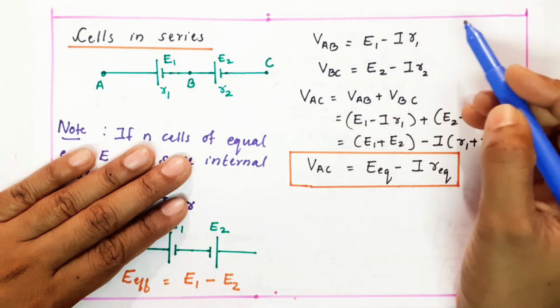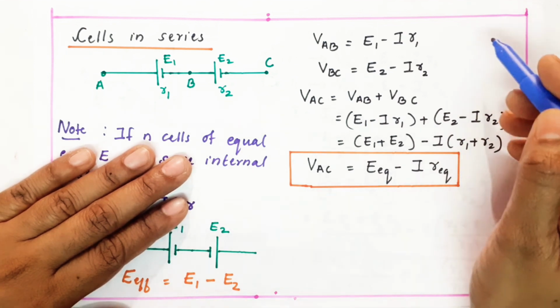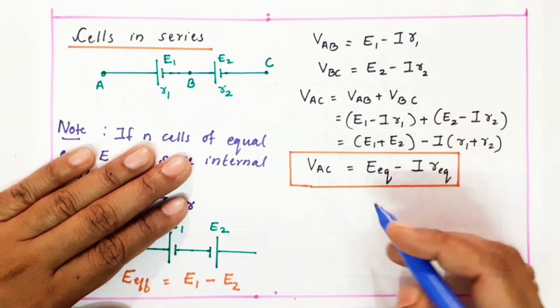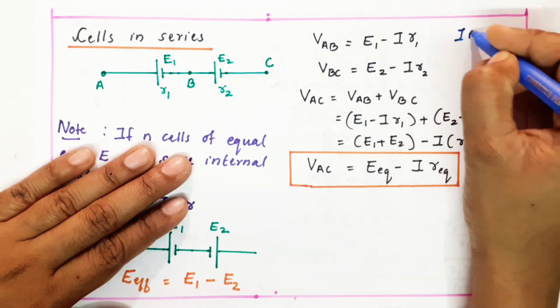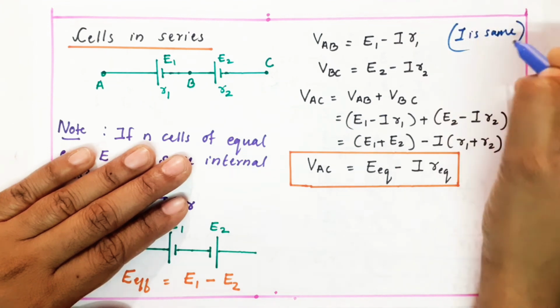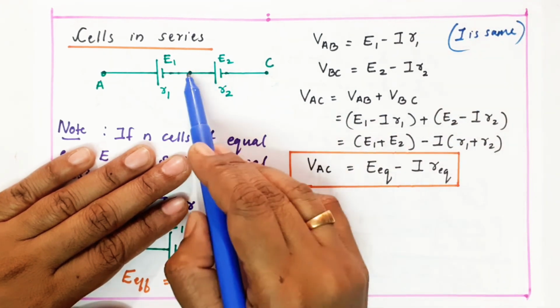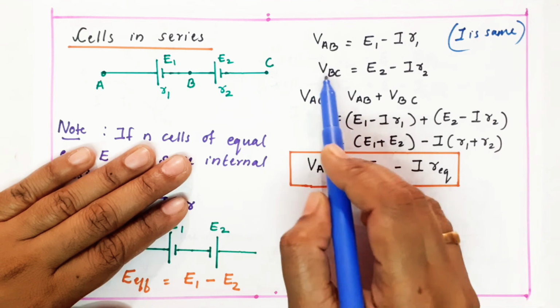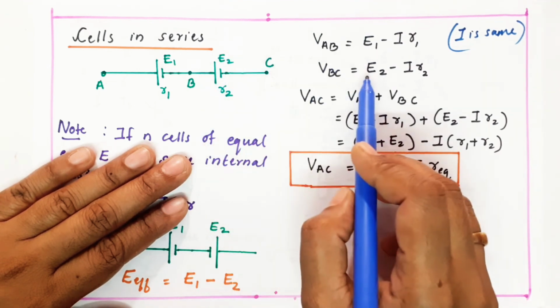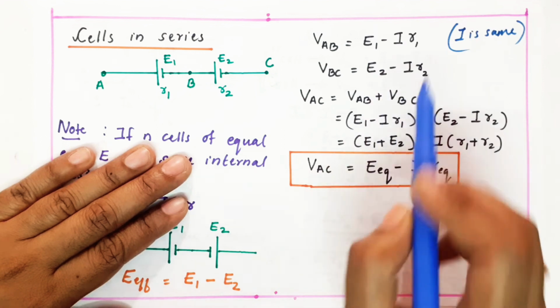When cells are connected in series, the current is the same, so I did not write it as I1. If we take the second case BC, we can write VBC equals E2 minus IR2.